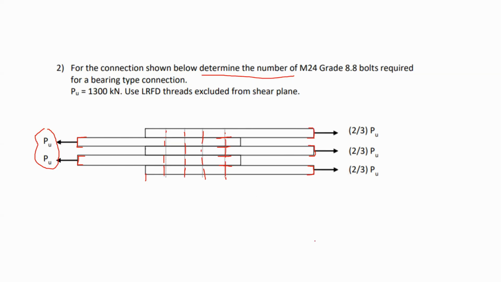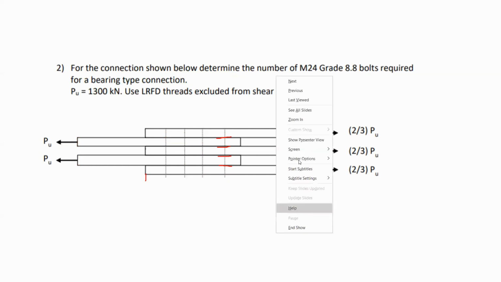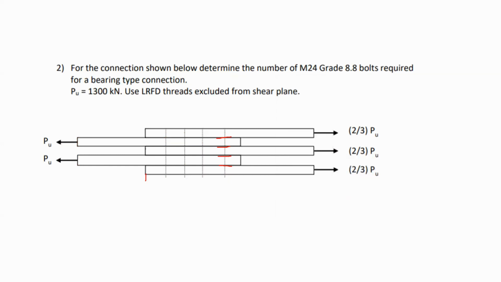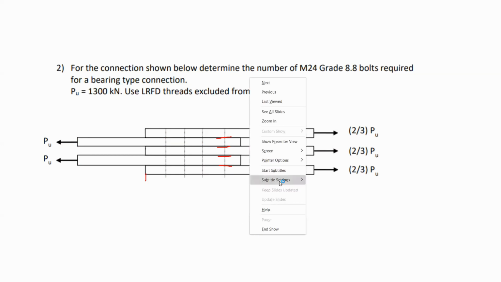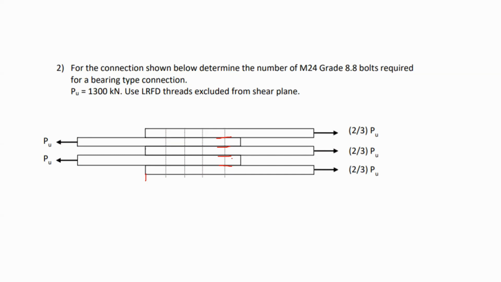If you look at this problem, you will find that each bolt is actually having not one shearing plane. However, you have one shearing plane in here, a second one, a third one, and a fourth one. So each bolt has 4 shearing planes, as shown in yellow.